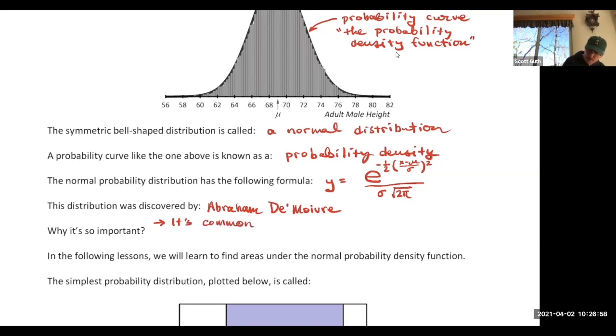But I'd also say that sample means and proportions have normal distributions.